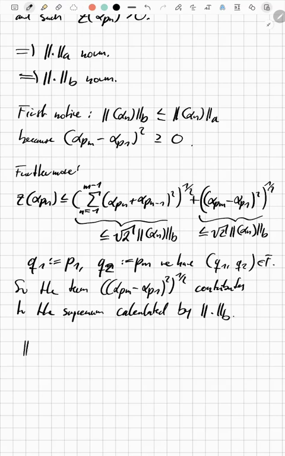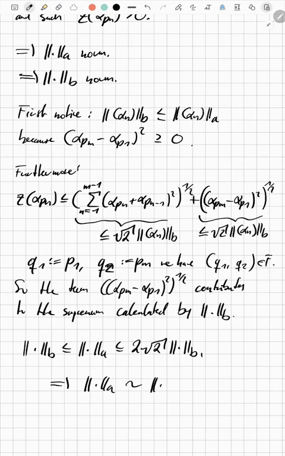So in total, we have that the B norm is less than or equal to the A norm, and this is less than or equal to 2 times the square root of 2 times the B norm again. So the norms are indeed equivalent.